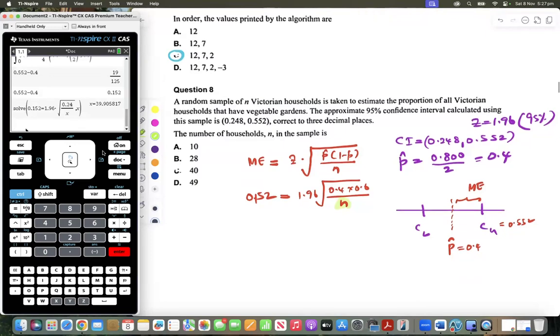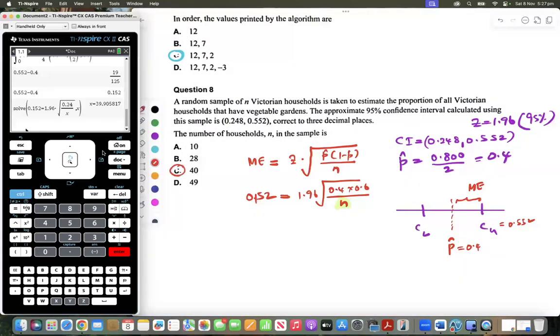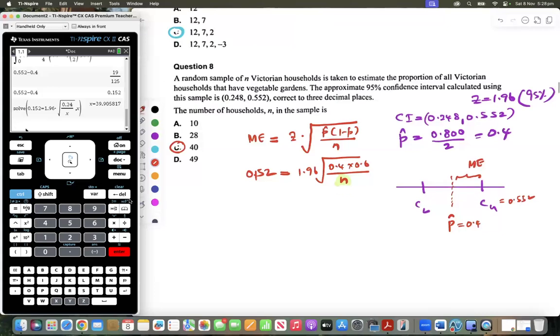There's no other answer, right? Just 40 should be the answer. Okay, 40 is the answer. If I want to double check, I can go to statistics calculation, go to Z 1-prop, and enter 40 as my sample size and 0.4 as my p hat value, and get the lower and upper confidence interval values.